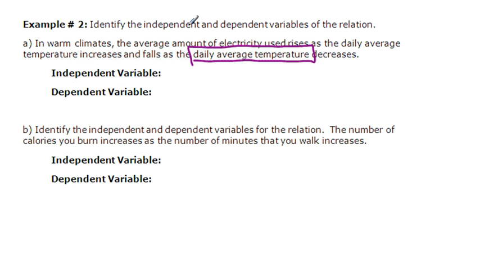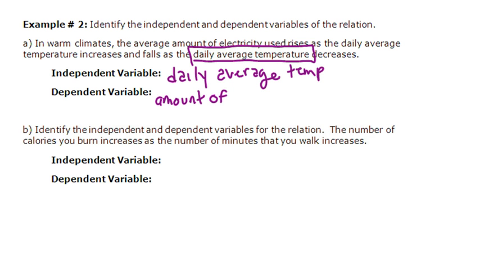Because think about it, right? We're talking about electricity, heating, air conditioning, bills. So my independent variable would be the daily average temperature. My dependent variable would be the amount of electricity used.